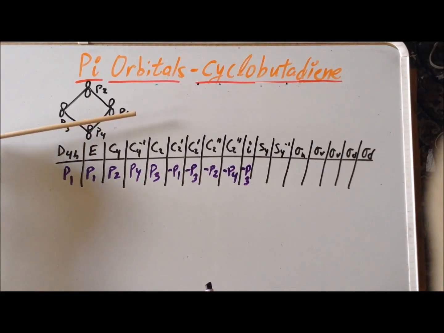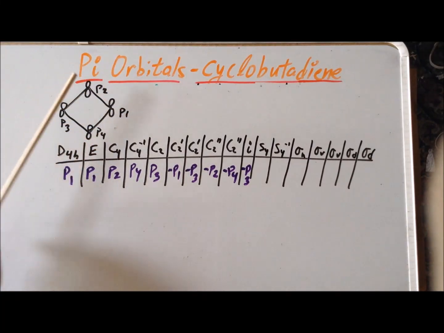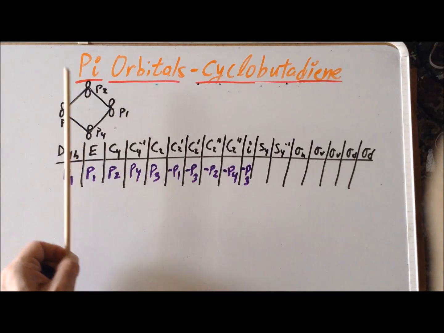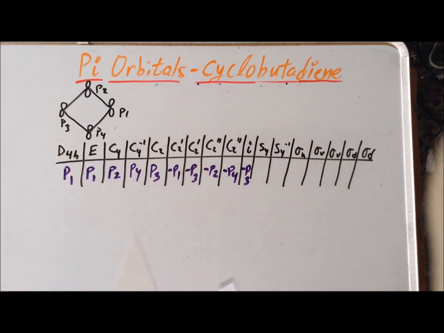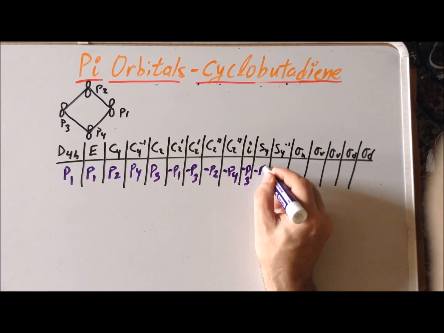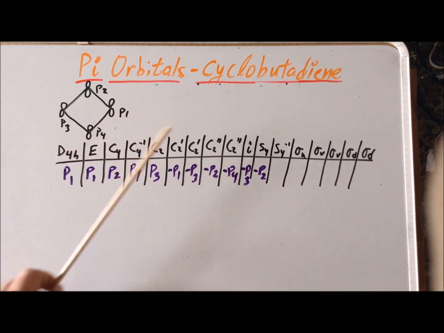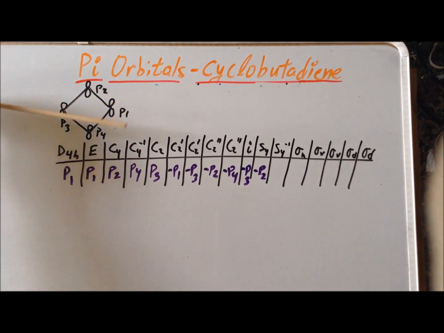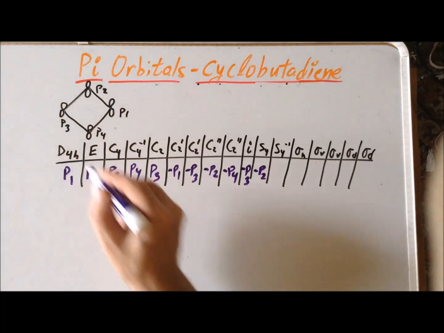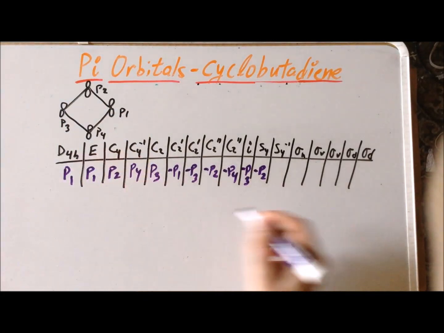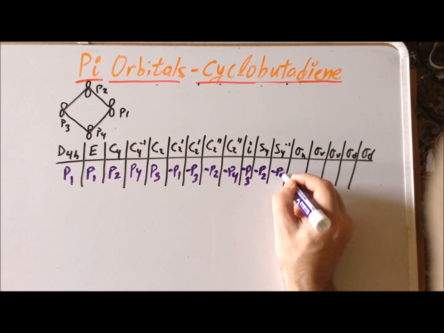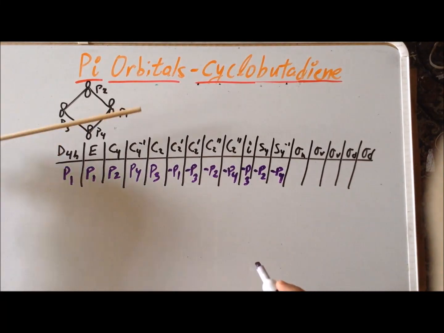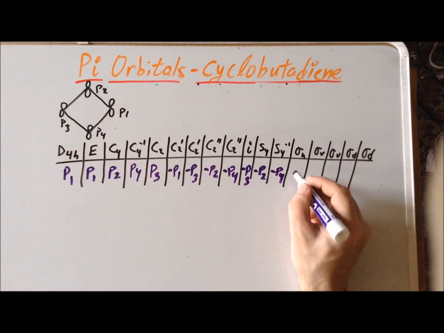S4: we do a C4, so it takes P1 to P2, but then reflects it in the plane of the whiteboard, to make -P2. S4 to the -1: now we rotate in this direction. P1 goes to P4, mirrored makes it minus P4. Horizontal mirror takes P1 to minus P1.